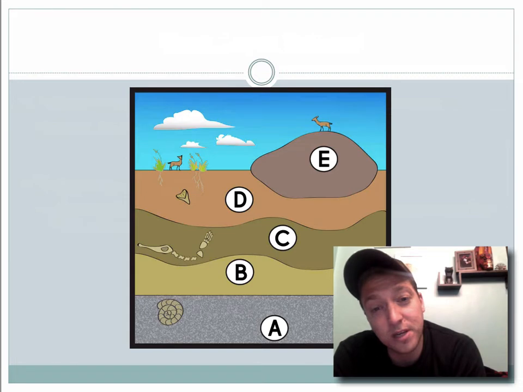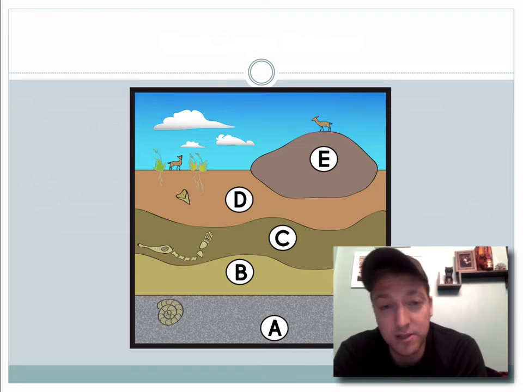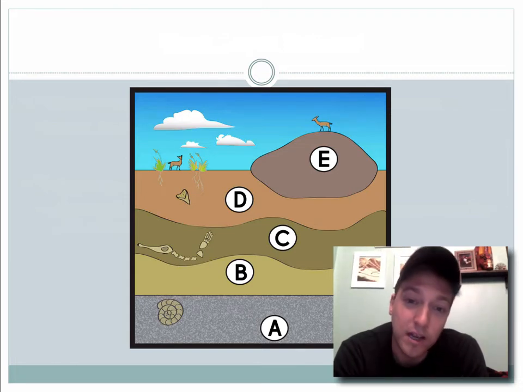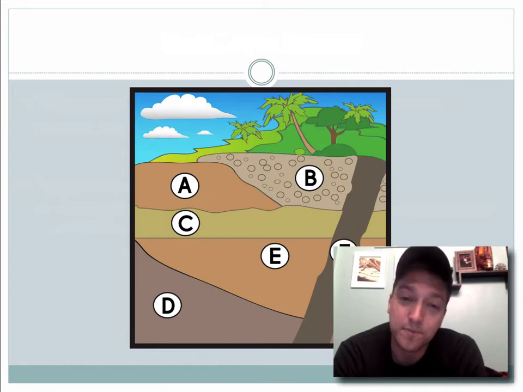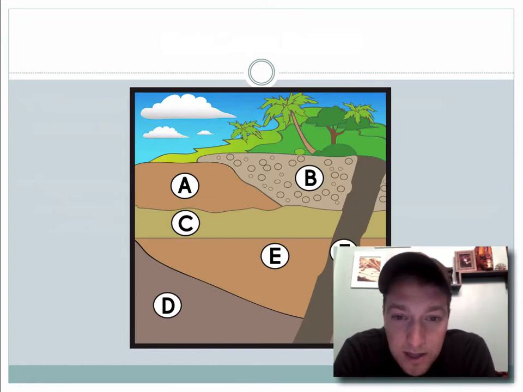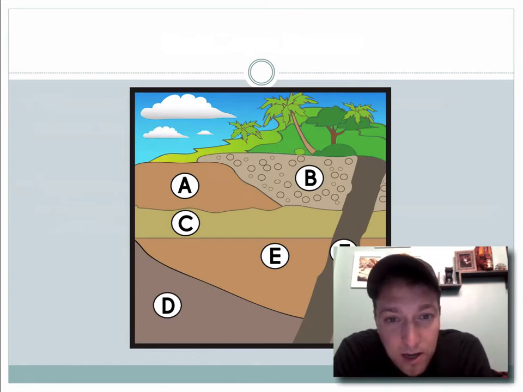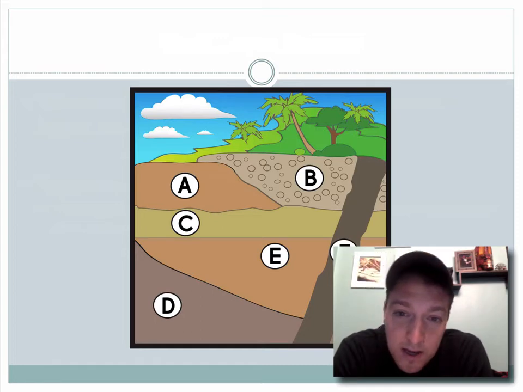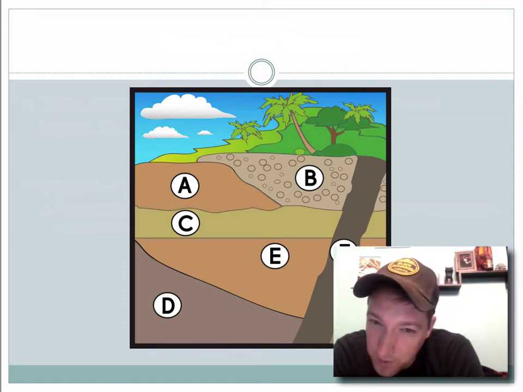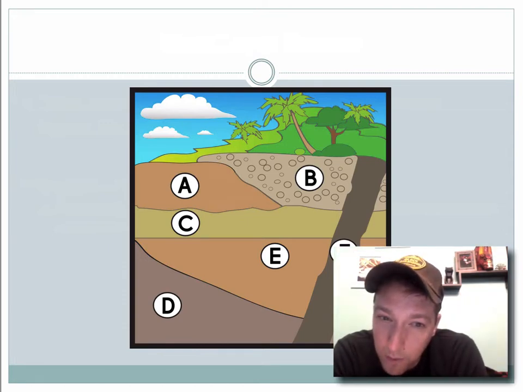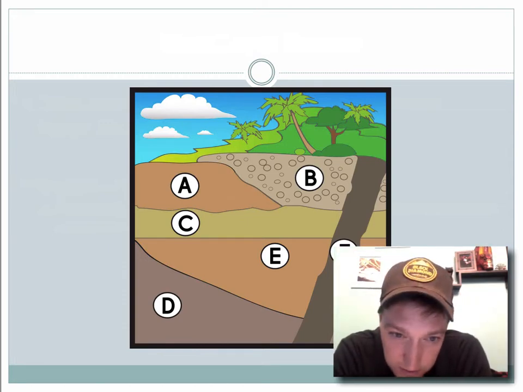This one's also pretty easy. It's just flat. It's pretty clean layers there. Let's look at this one. The key to solving this one, after you go for the easy layers, layer F went through all the other layers.